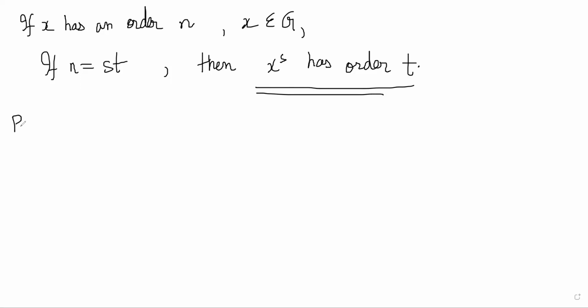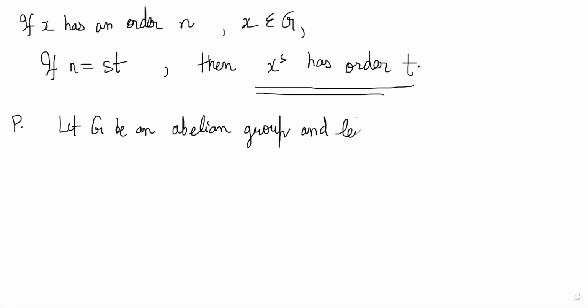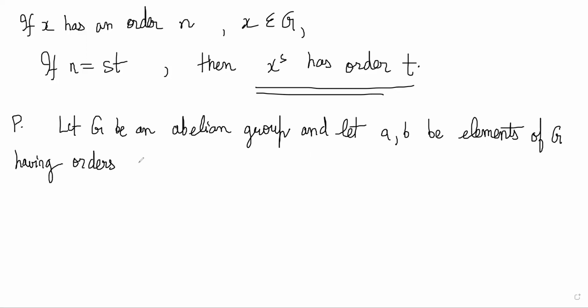Another property is, let G be an abelian group, and let A, B be elements of G having orders m and n respectively.